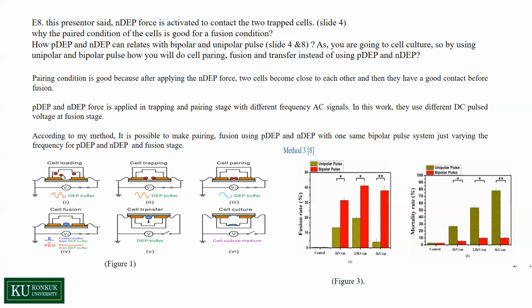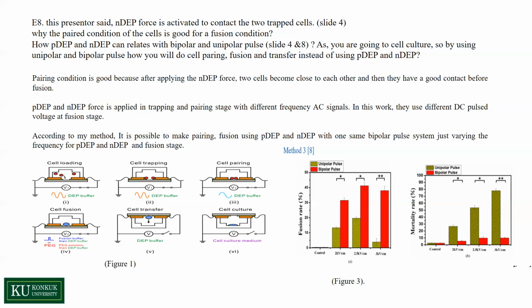And the second question is how PDEP and NDEP can relate to bipolar and unipolar pulses. Only with unipolar and bipolar pulses, can you do cell pairing, fusion, and transfer instead of PDEP and NDEP? So the question is conceptual, but I'm going to clear it up.